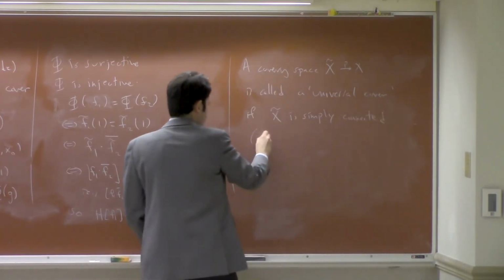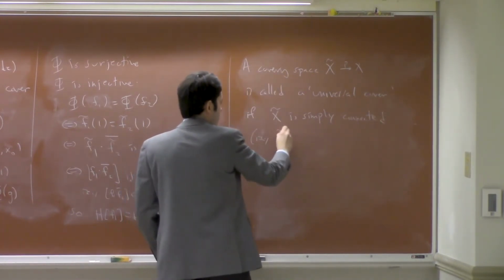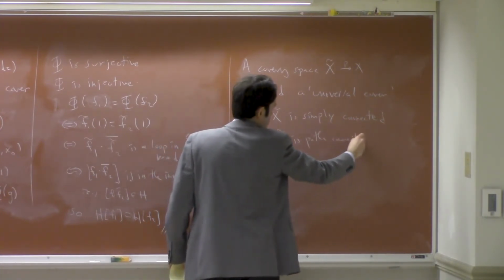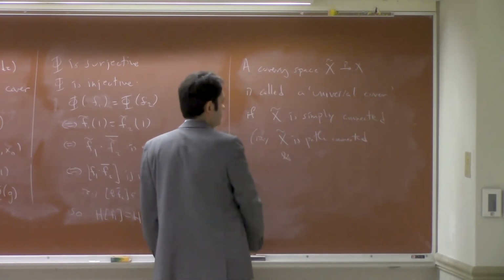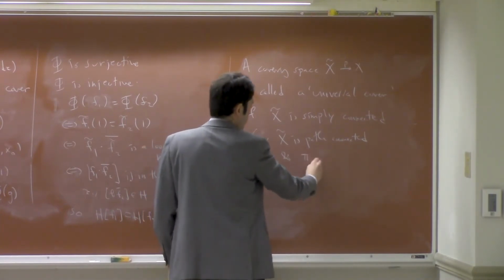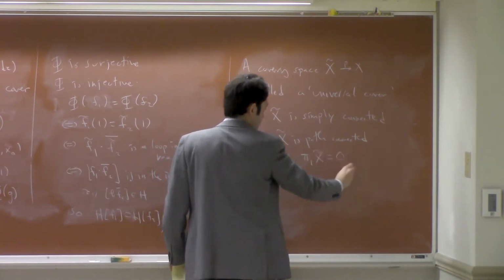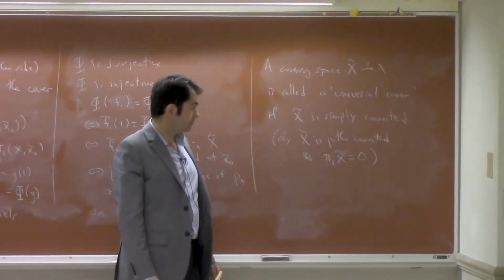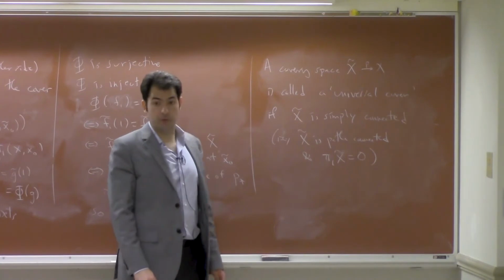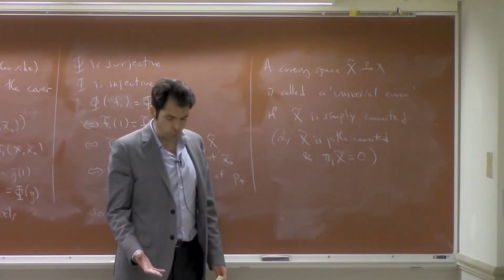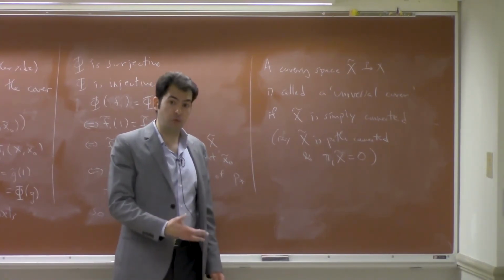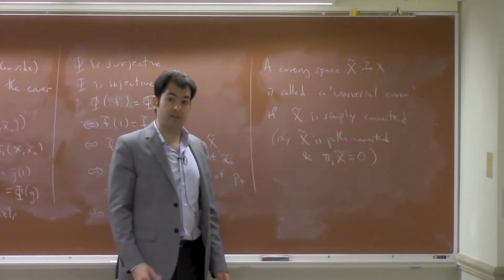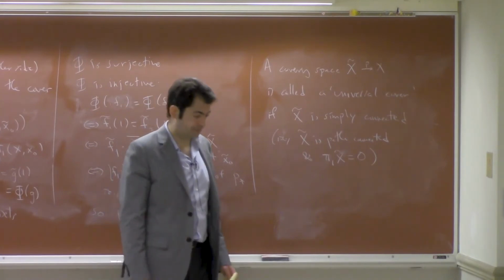Remember that means that x tilde is path connected and that the fundamental group of x tilde is trivial. Okay? So that's called the universal cover. And later we will justify the name universal cover and talk about in what sense it is unique when it exists.